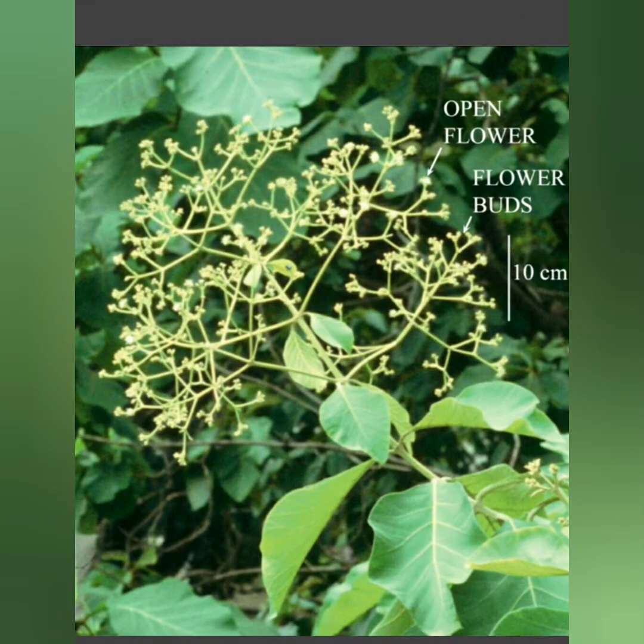If you take a look at the flowers here, they are arranged in large terminal panicles. You can see clearly here these are the flowers, arranged in panicles, that is loose branching clusters of flowers. These flowers are bracteate, that is, they bear bracts.